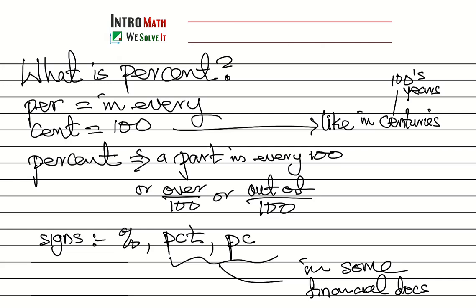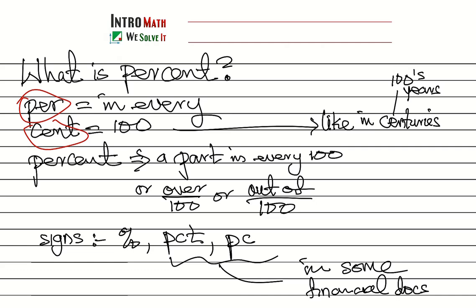What is percent right there? The word percent consists of two words joined together. I broke it up: per. Per means in every. Cent means 100. I will get to that in detail in a minute.